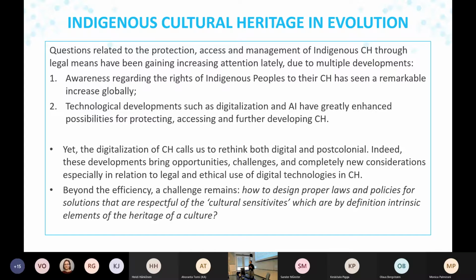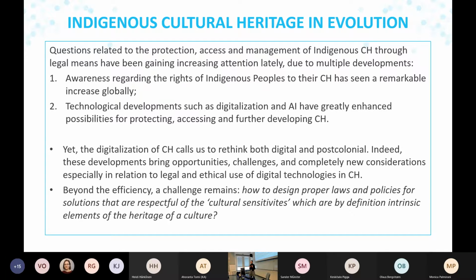One, the awareness regarding the rights of indigenous people in general and to their culture especially. And the second, the fact that technological development, as presented by several speakers before me, has radically increased the accessibility, shareability, and distributability of this heritage.